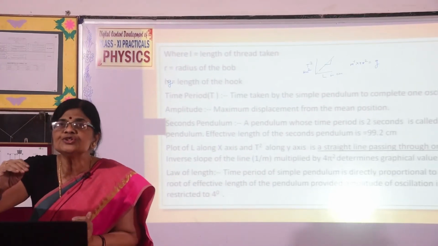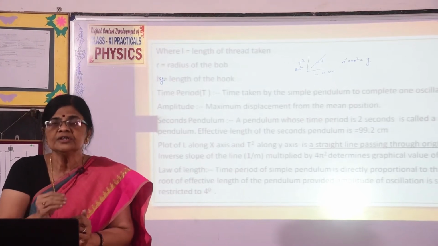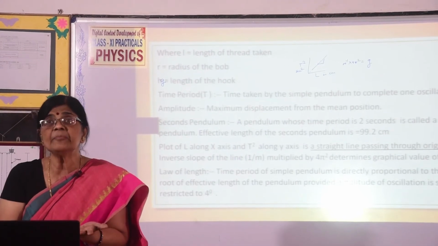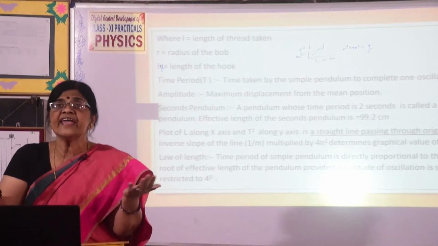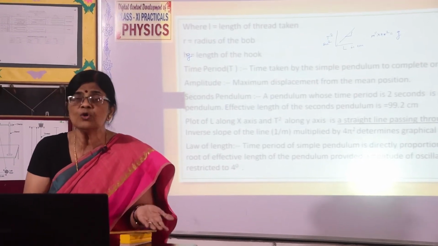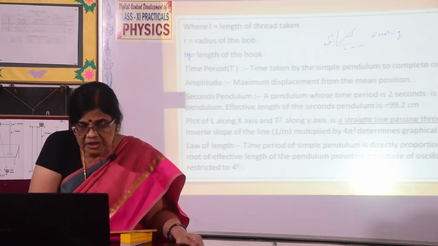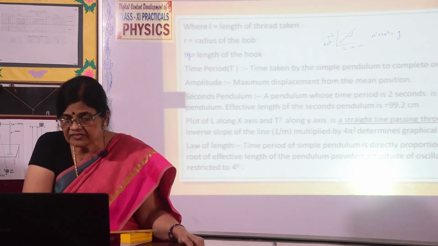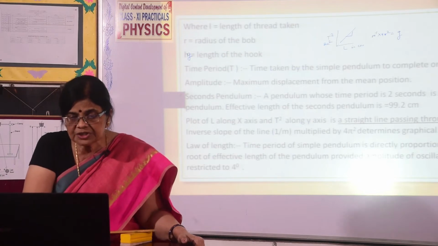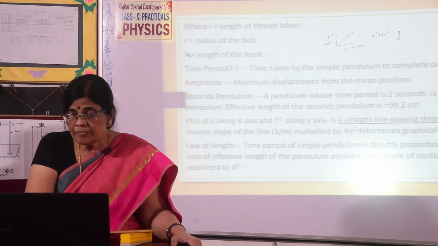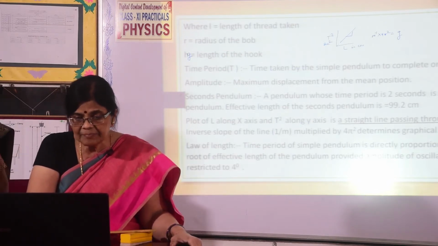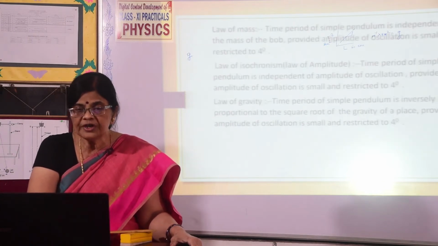A small amplitude is to be taken for a simple pendulum, so that it remains simple harmonic, otherwise there will be a lot of damping forces, air frictional drag. Then you will no longer remain simple harmonic, where acceleration is proportional to displacement from the mean position. So you can say that the time period of the simple pendulum is directly proportional to the square root of the effective length of oscillation, provided the amplitude is small and restricted to 4 degrees.